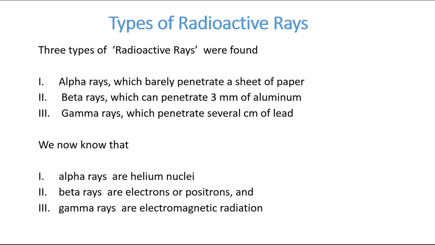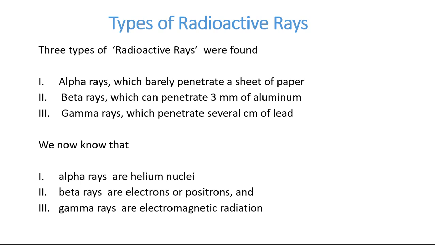Alpha rays are not so much ionizing, and they can barely penetrate a sheet of paper; they can be stopped by just a sheet of paper. The phenomenon in which we get alpha rays is called alpha decay.